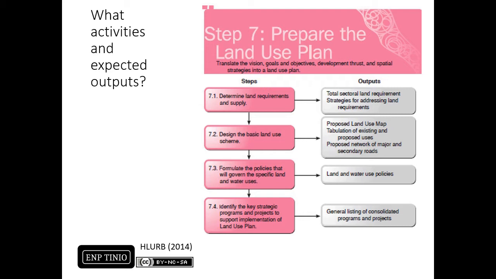In step 7, we translate the vision approved in step 3, the goals and objectives identified in step 5, through the situational analysis in step 4, and the development thrust and spatial strategies to be pursued as identified in step 6, into a land use plan that matches existing and future demand for land with existing and available supply.